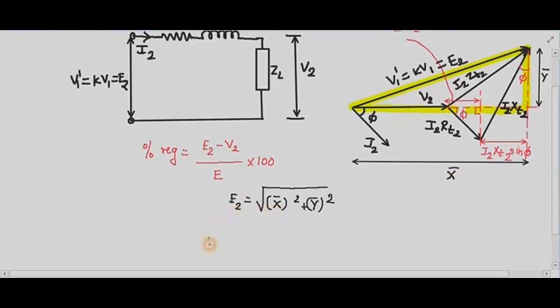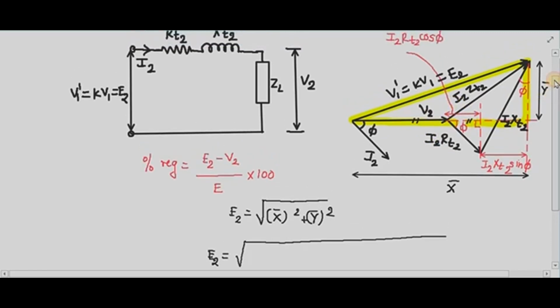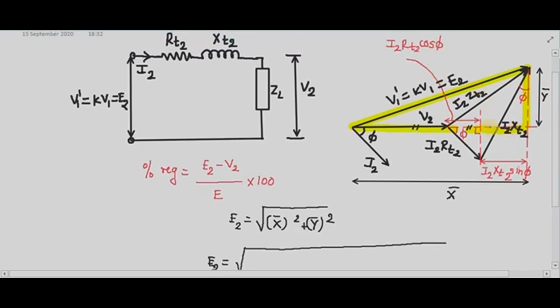So E2 equals under root of, what is the x component? The x component is nothing but the addition of this V2 plus this vector. What is this vector? I2 RT2 cos of phi, please see here, plus this vector. What is this length? This total length is nothing but your I2 XT2 sin phi.